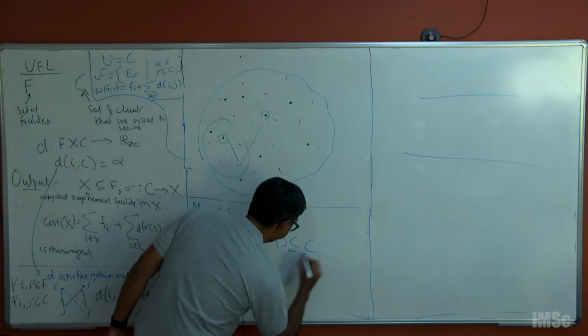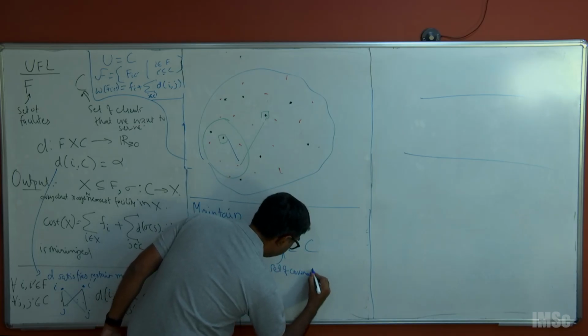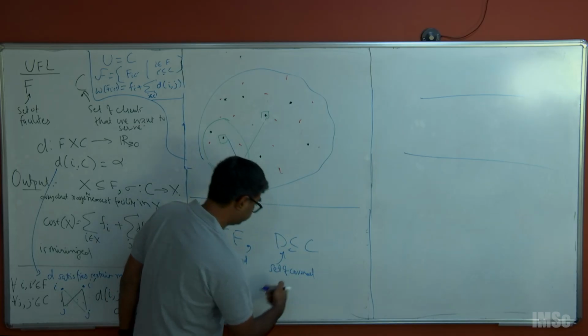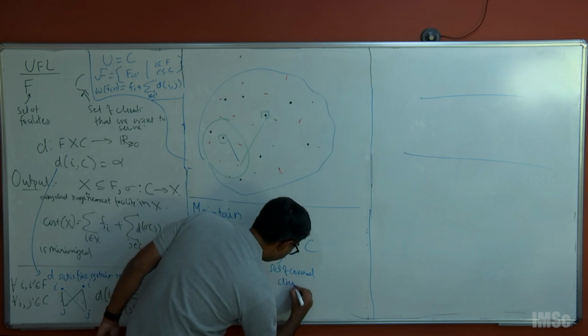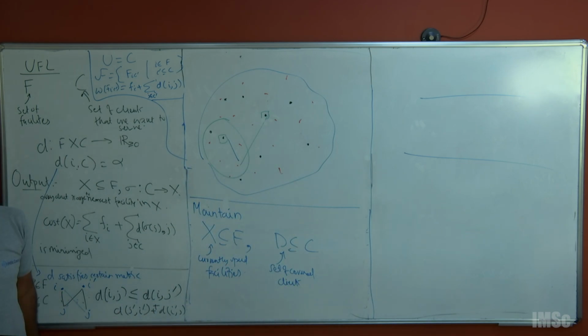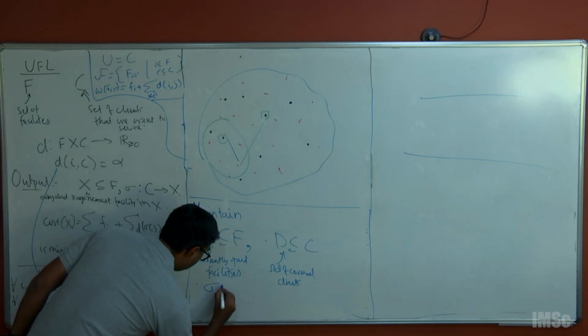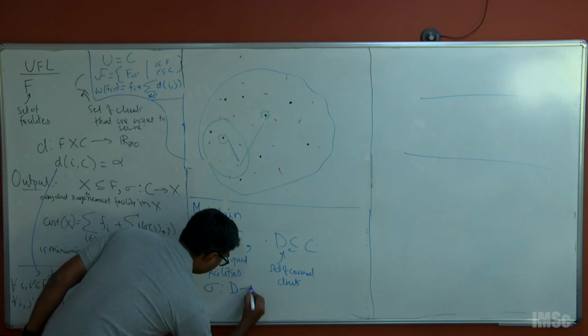D subset, the set of covered clients. So when I decide to pick, maybe I will tell you which will be covered. And it also maintains sigma from D to X.